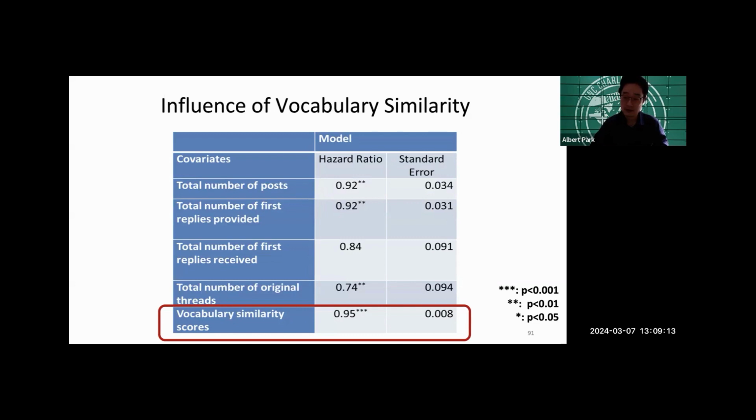Out of the five variables that we mentioned, vocabulary similarity scores have the strongest effect on members' survivorship. So members who receive replies using similar vocabulary, or at least one standard deviation higher vocabulary similarity scores, had a higher chance to sustain their participation.